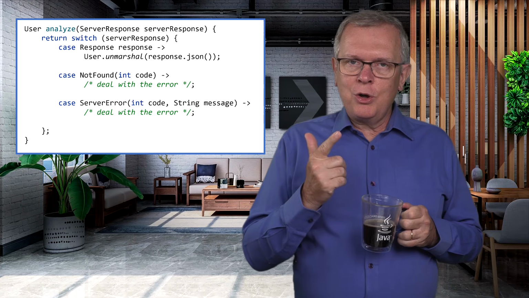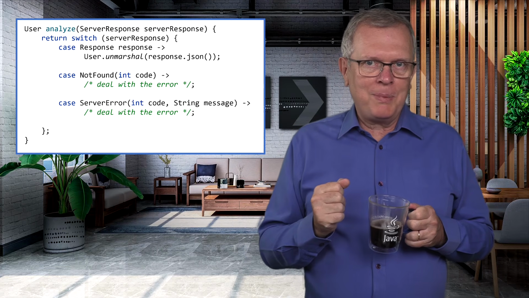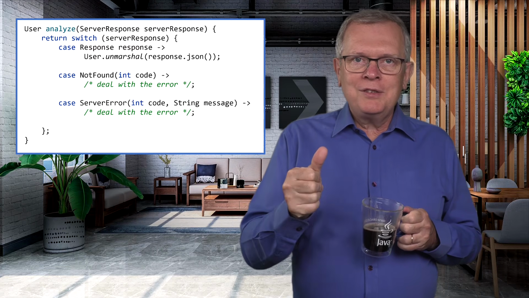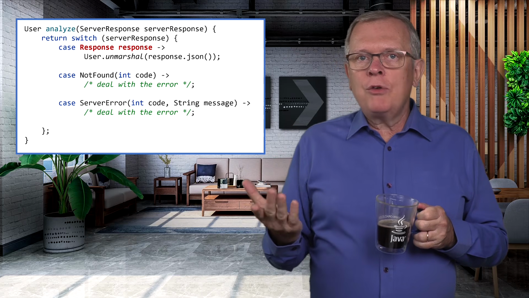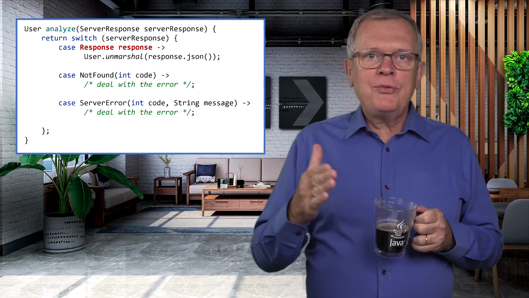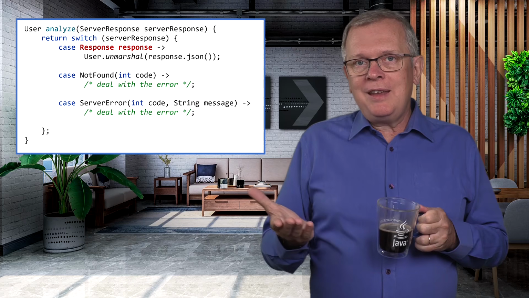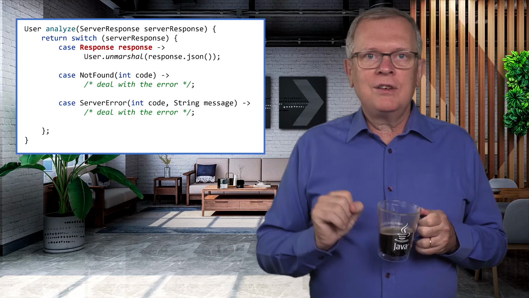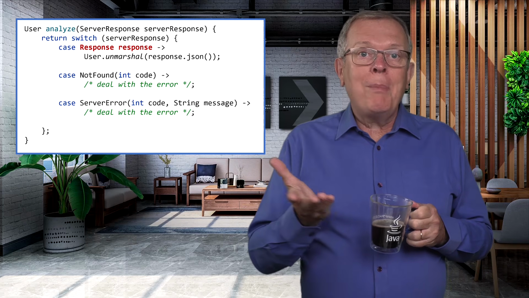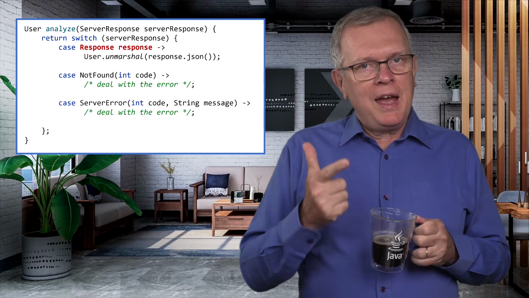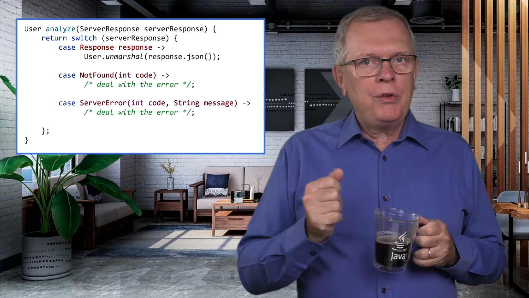And as you can see in this code, we use two different kinds of patterns. The first one is a type pattern. Basically, you're asking, is the server response variable of type Response? And if it is, create this variable. This variable is called a pattern variable or a binding variable, by the way. And the second one is a record pattern.